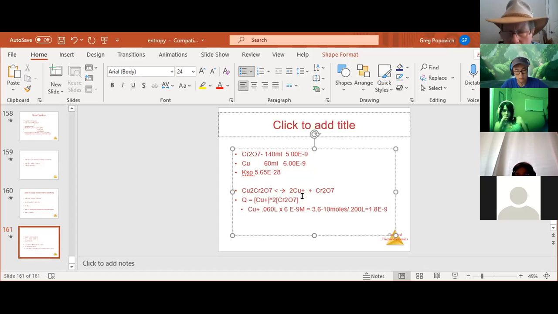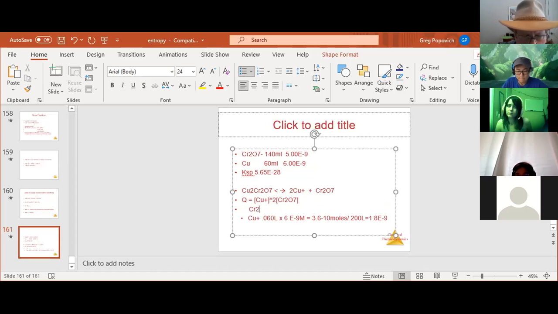All right, so my chromium, on the other hand, my chromate, that's equal to 0.140 times 5E negative 9, which equals how many moles?